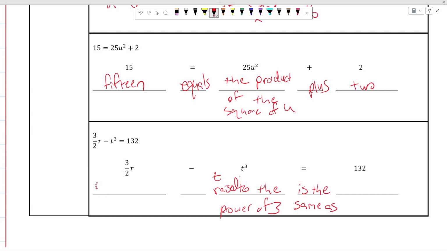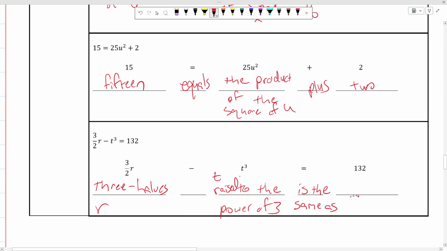We can have, once again, the product of 3 halves and, I apologize for the handwriting, guys, and r. You could have 3 halves of r, or simply 3 halves r.